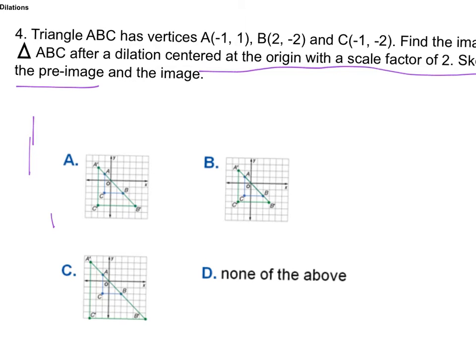So all three have that. So find the image with a scale factor of 2. So I'm looking for the new points, -2, 2, 4, -4, and -2, -4.